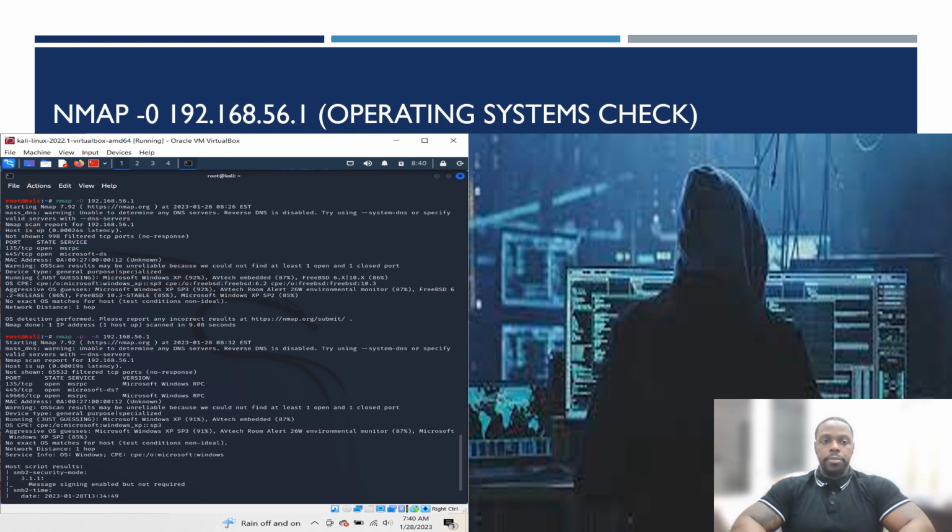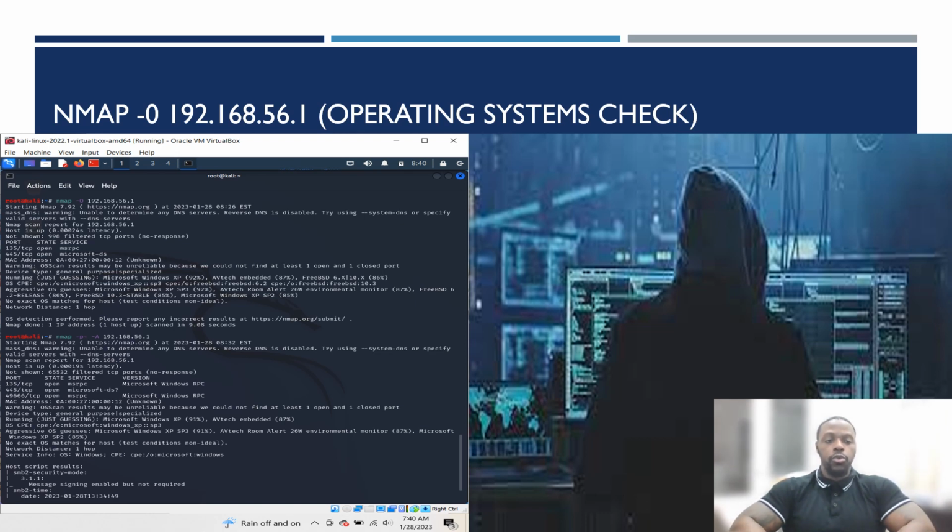Next, I did an nmap -O 192.168.56.1, which is an operating systems check. I did this on my Kioptrix machine. This revealed an additional port that was open that could be a vulnerability. This vulnerability can be exploited.